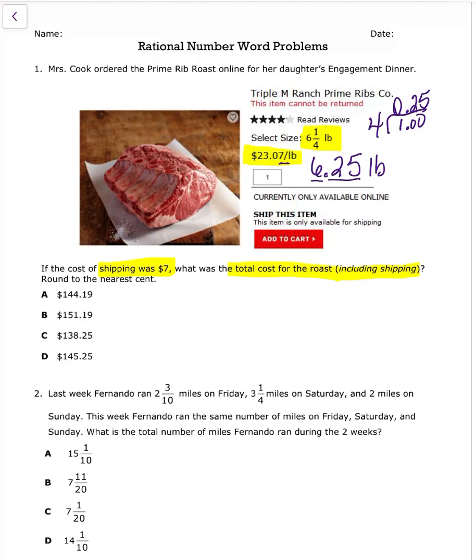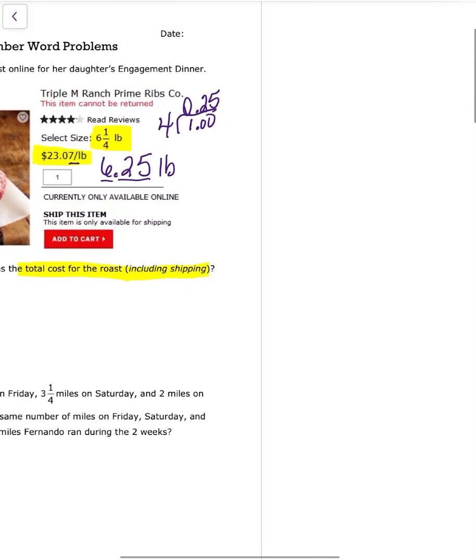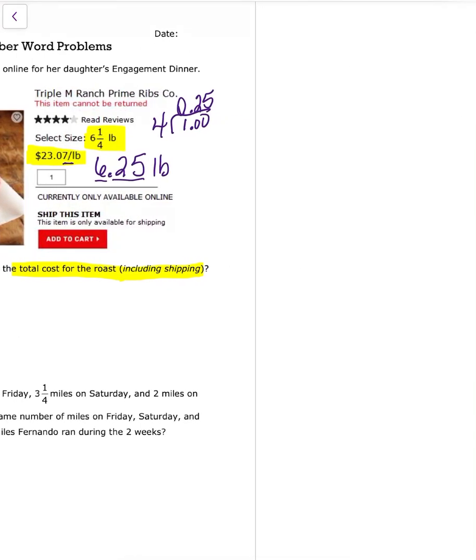That means we need to multiply. I'm just going to scoot this over because that's going to be a lot of multiplying, and I want to make sure I give myself enough room to do it neatly. Remember, when you're multiplying decimals, you don't have to line up the decimals. In this case they happen to line up, but you definitely don't have to line them up.